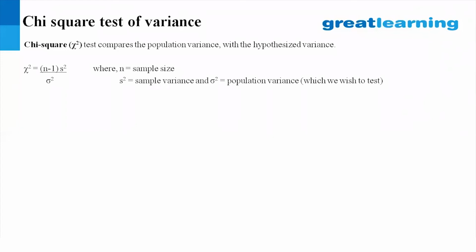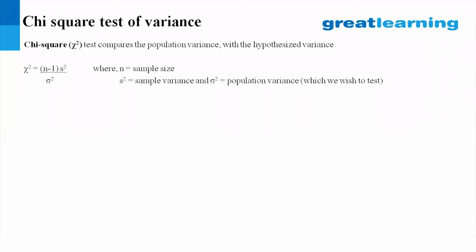The chi-square formula considers three things. n is the sample size, so n minus 1 will be the degrees of freedom. Then you take a ratio of the sample variance and the population variance. That gives you a chi-square statistic.